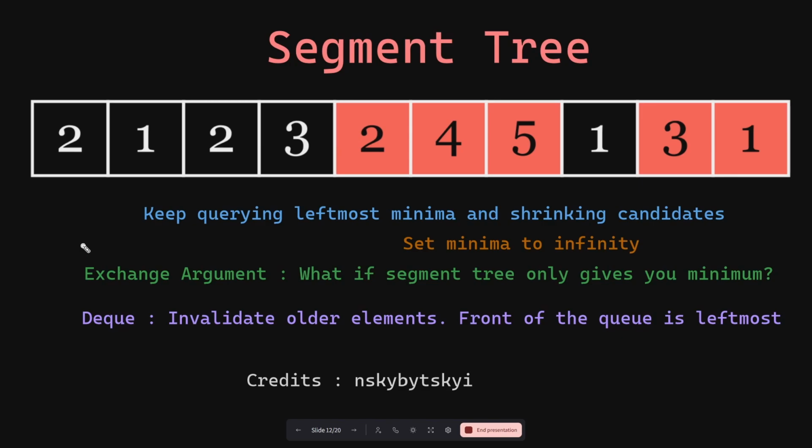But that is easy to keep track of if you maintain the list of all the indices of all the candidates in a Deque, so that every time you take an element you invalidate all the older elements, and once you do the invalidation for every candidate, the front element of the queue will be the valid element and it will in fact be the leftmost possible candidate.